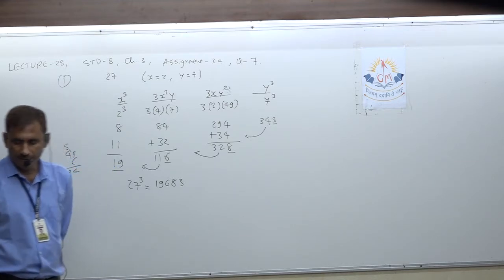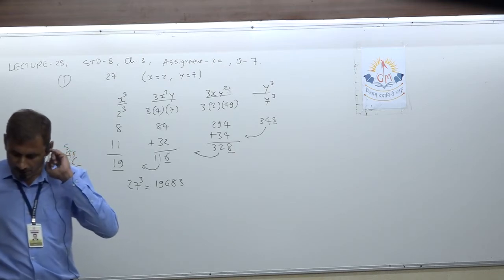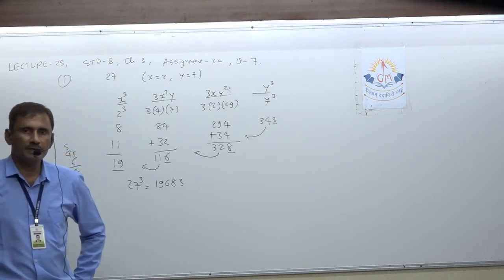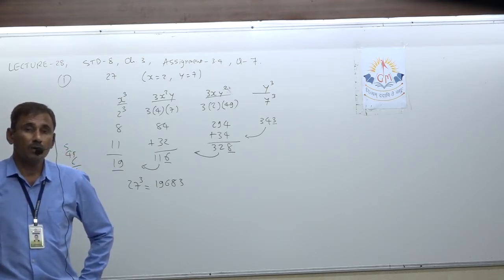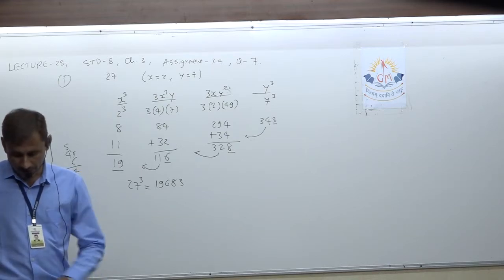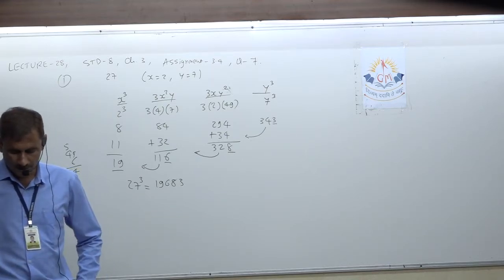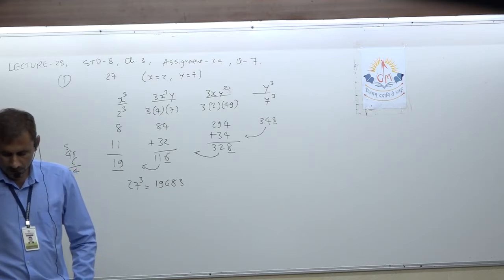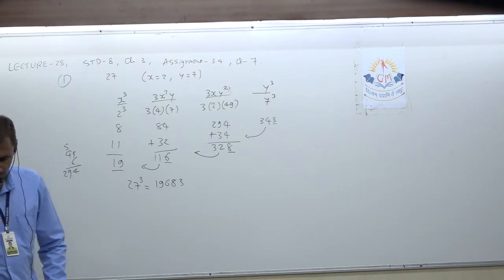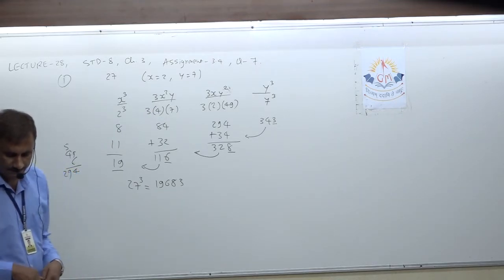Okay, in the same way you can find others, but only a 2-digit number should be there, then only we apply the column method. Everywhere all numbers are 2-digit only. Okay, now let's solve the last one, number 6.